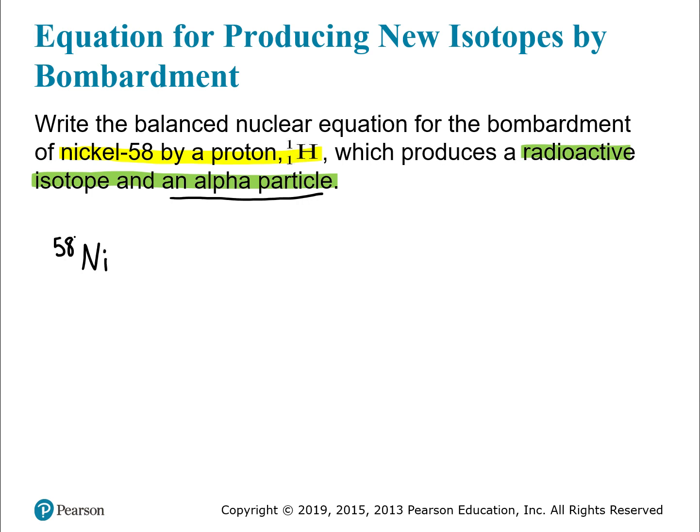Remember that when you see that element name, dash, and a number, that number is the mass number. You're told what a proton looks like. And we make some new radioactive isotope plus an alpha particle. You need to know what these particles are.